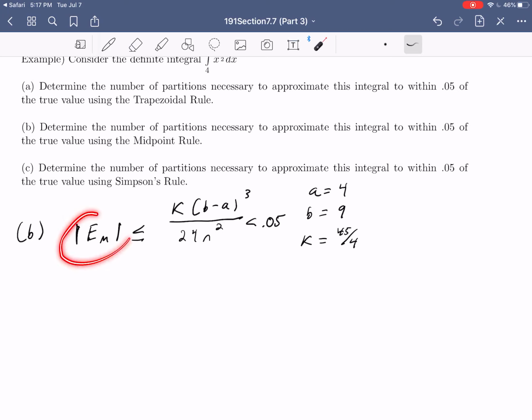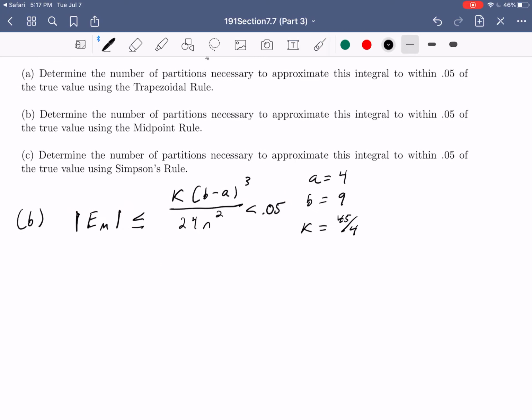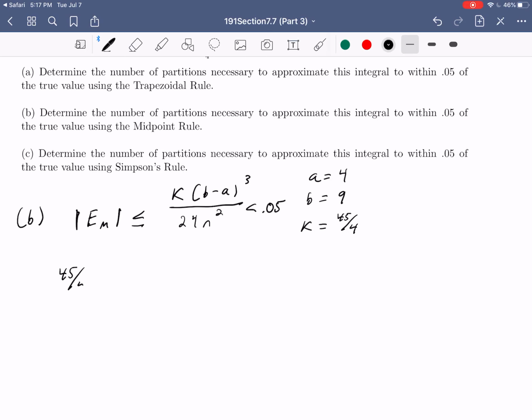That's what we want. We want this error, which we know is less than this, to be less than this. So we can go ahead and set this up. This is going to be 45 over 4 times (9 minus 4) cubed over 24n squared less than 0.05. Again, we can start by multiplying that 24n squared over to the other side. 24 times 0.05 is going to give us 1.2.